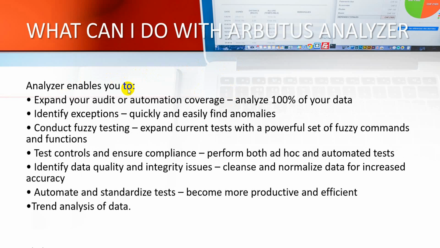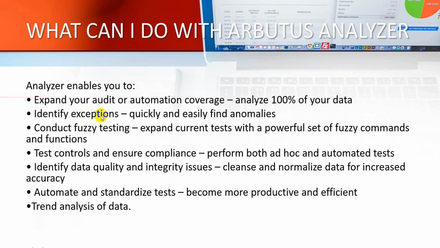It helps you to expand your audit and your automation coverage. So it means that once I have Arbutus, I do 100% testing of my data, so I don't need to do any sampling or anything like that. It helps me to identify exceptions easily and quickly.